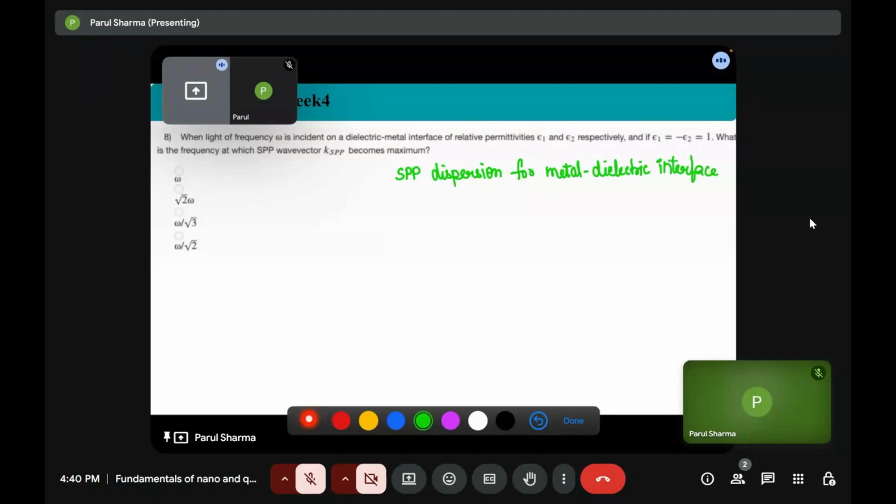For metal dielectric, K SPP is equal to K naught times root of epsilon 1 epsilon 2 over epsilon 1 plus epsilon 2. Here epsilon 1 is equal to 1 and epsilon 2 is epsilon D of the dielectric.